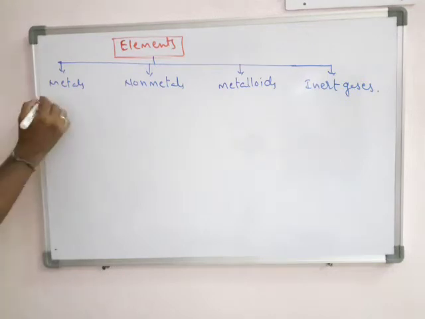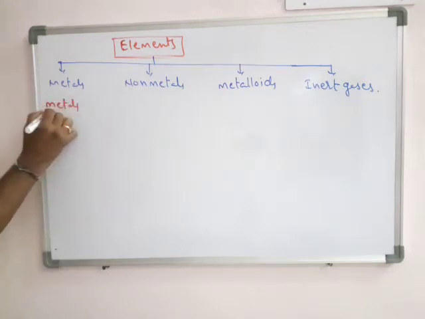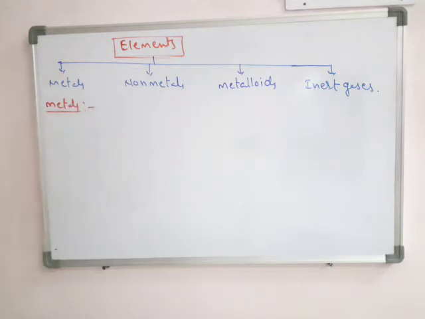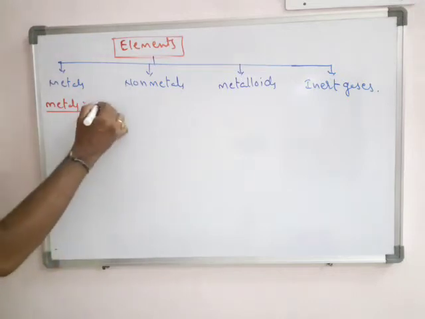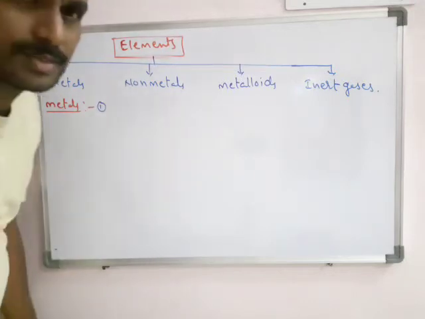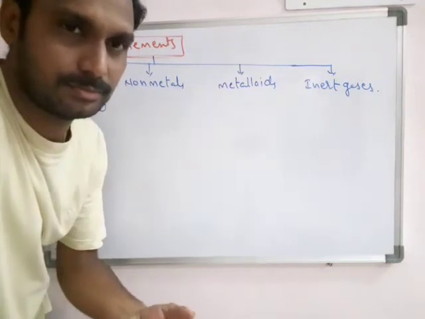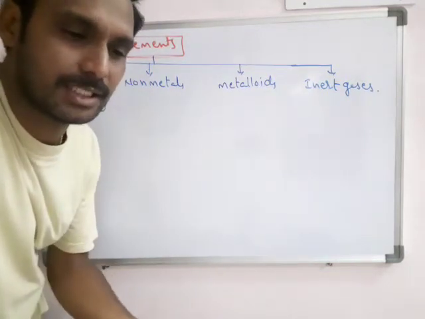So first write about metals. What are metals? Now we see the main characteristics of metals. Can you guess what metals are? Have you seen any metal? Iron, copper, zinc.